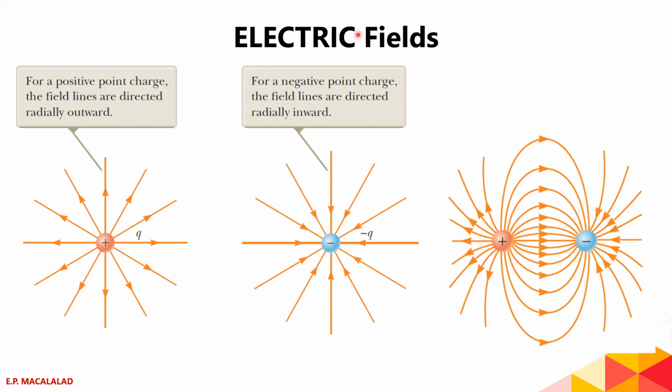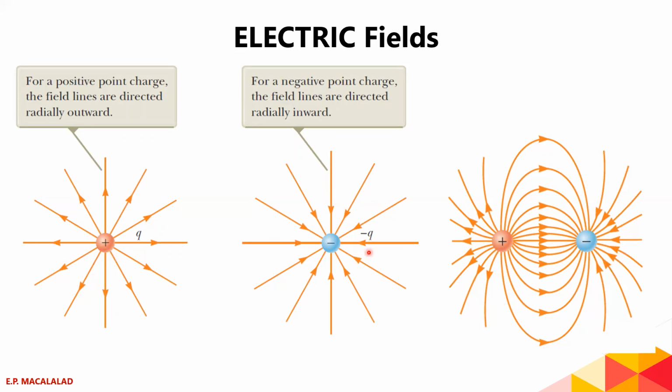Electric fields are vector quantities, so an electric field is described in terms of its magnitude, called the electric field strength, as well as a direction. So when we describe an electric field, it's very important to know not only the magnitude, or how strong the electric field is, but also, just as important, the direction of that electric field.